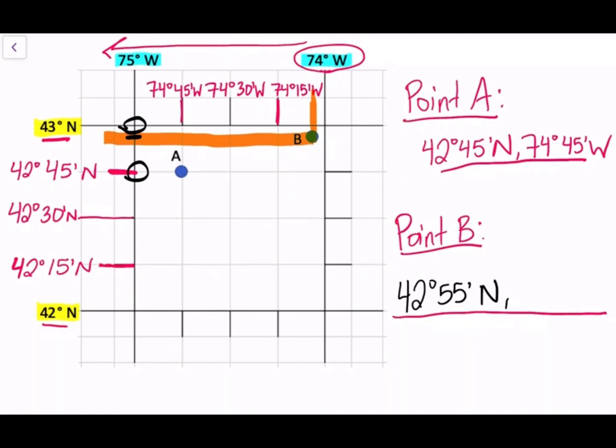It's in between 74 degrees and 74 degrees 15 minutes, but it's definitely much closer to the 74 degree mark. So I'm going to say that's probably about 5 minutes. It looks to be about a third of the way between the 0 mark and the 15-minute mark. So let's say our longitude of point B is 74 degrees and 5 minutes west.